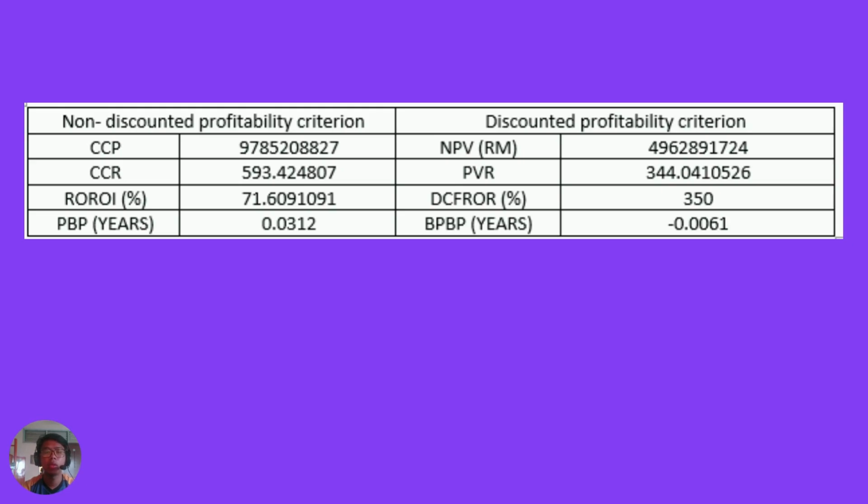For non-discounted cash flow, the rate of return, ROI, is 71%, while the payback period is 0.0312. From the DCFROR, when compared to the value with the internal interest rate, the value of DCFROR is higher.